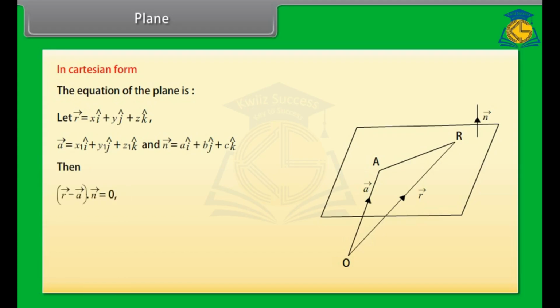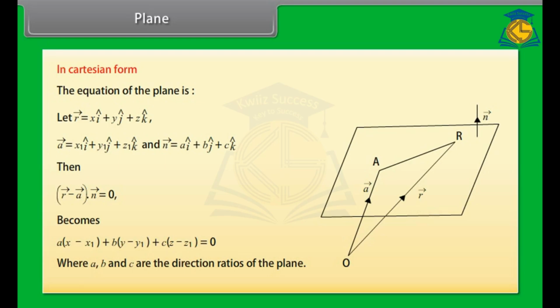Then, dot product of vector R minus vector A and vector N equals 0 becomes a(x minus x1) plus b(y minus y1) plus c(z minus z1) equals 0, where a, b, and c are the direction ratios of the plane.